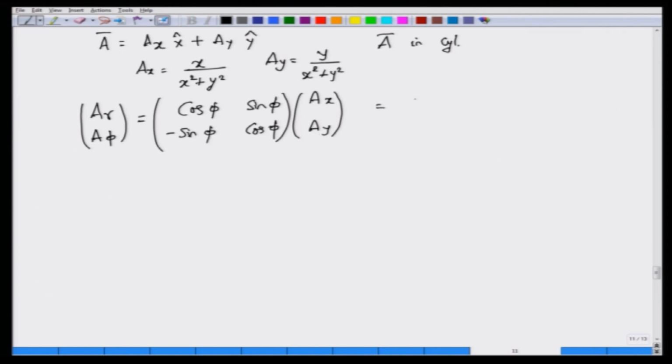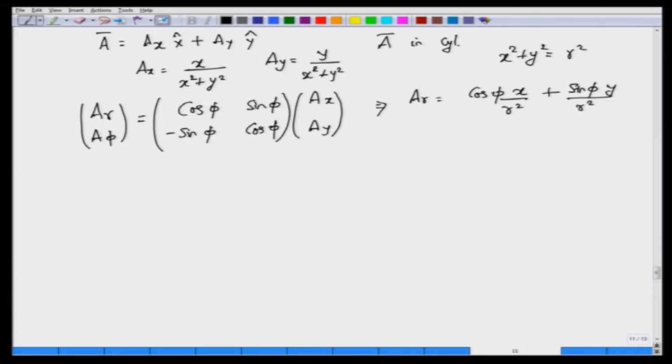If you substitute for Ax and Ay, you are going to get Ar equal to cos phi times Ax plus sin phi times Ay. But I also know that x square plus y square is actually equal to r square in cylindrical coordinate systems, and substituting Ax as x by r square and Ay as y by r square, Ar will be equal to cos phi x by r square plus sin phi y by r square.